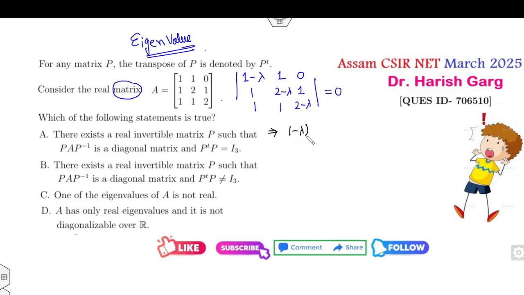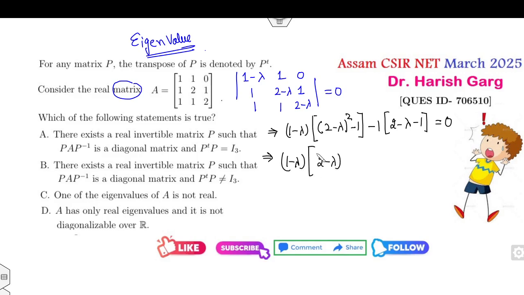It is 1 minus lambda into (2 minus lambda) squared minus 1, minus 1 times (2 minus lambda minus 1), which is 0. So I can take 1 minus lambda common. It is 1 minus lambda times ((2 minus lambda) squared minus 1) equals 0. So that means one eigenvalue is 1.